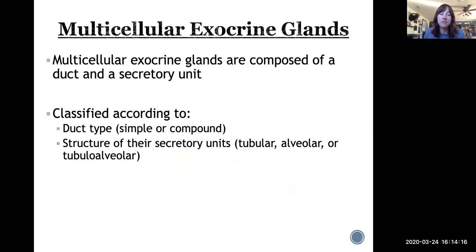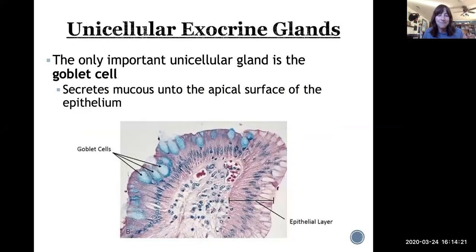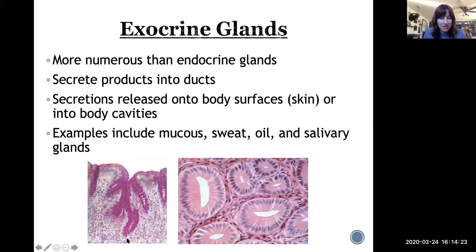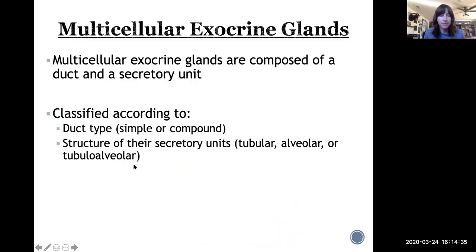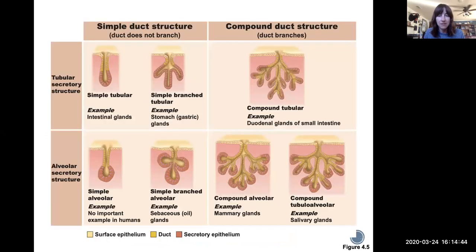Multicellular ones are the rest of them. So they have a duct and a secretory unit. So like this would be a secretory unit, and they all feed into the duct that leads to the surface, okay? We have several different shapes of multicellular exocrine glands. They can be simple or they can be branched, okay?